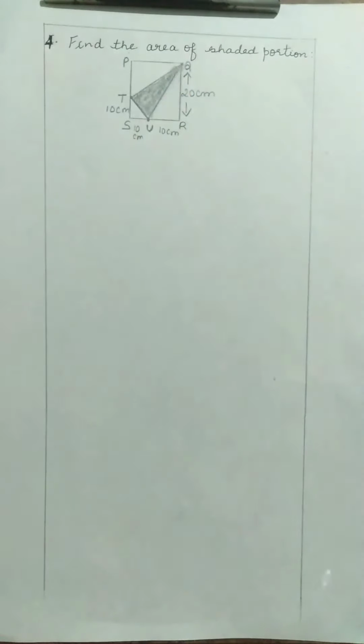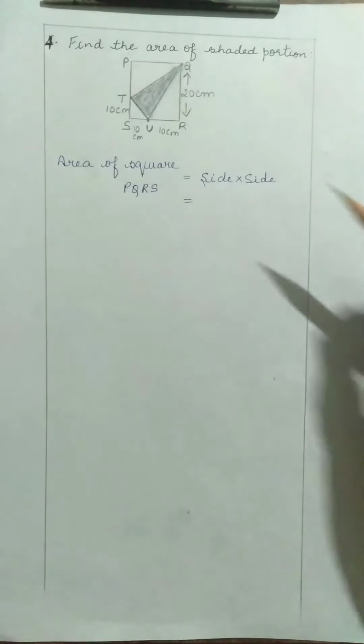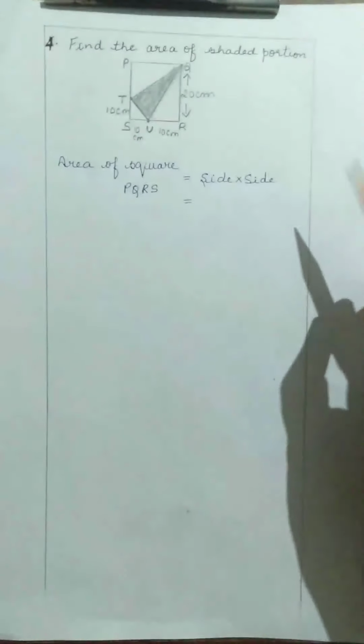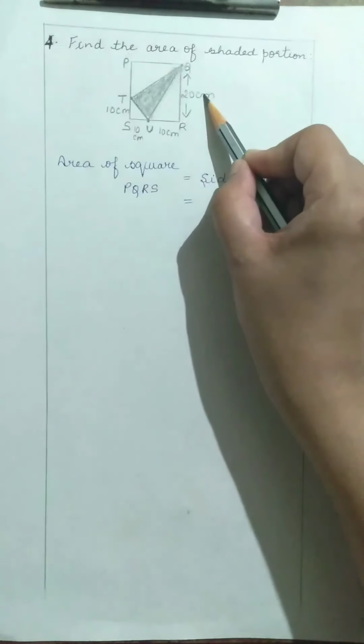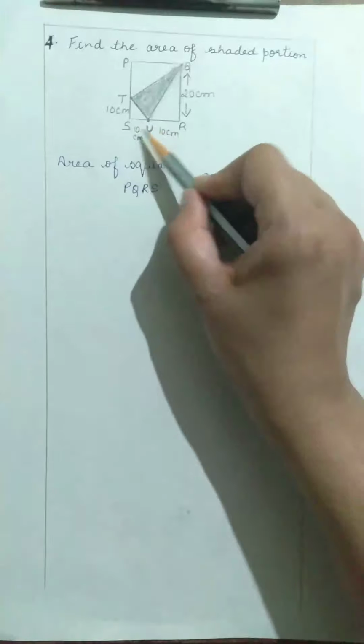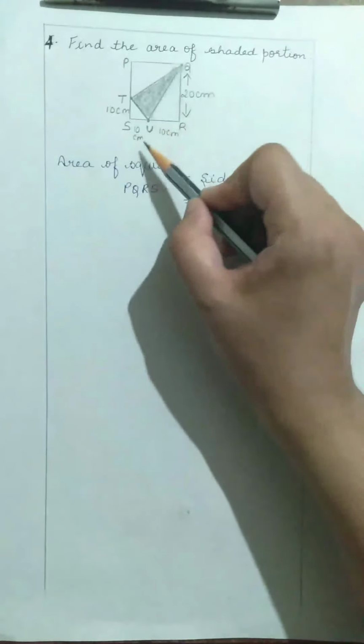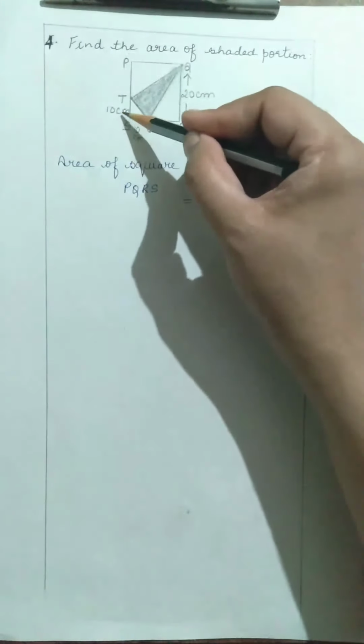PQRS. We know the formula for the area of the square is side into side. Here the side is 20, because if you consider 10 plus 10, it will be 20 centimeter. From T to S it is 10 centimeter, and from P to T also it is 10 centimeter.